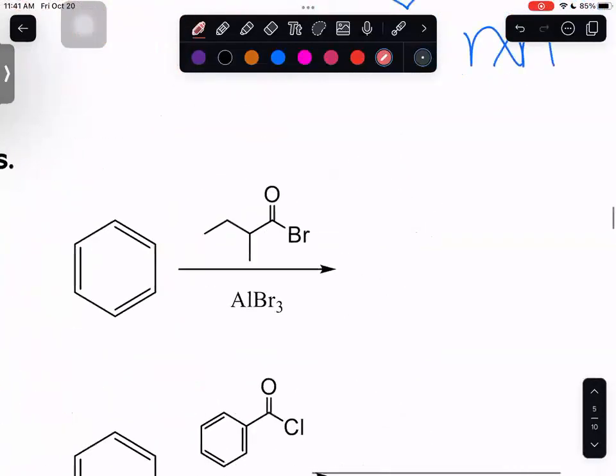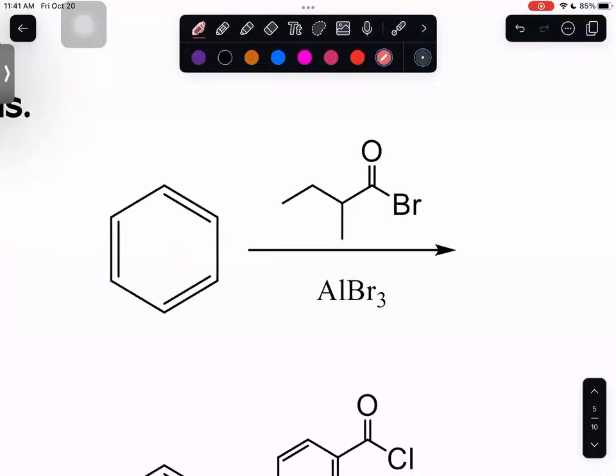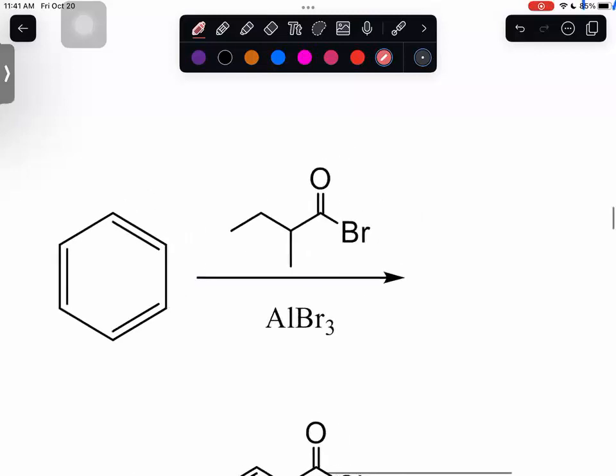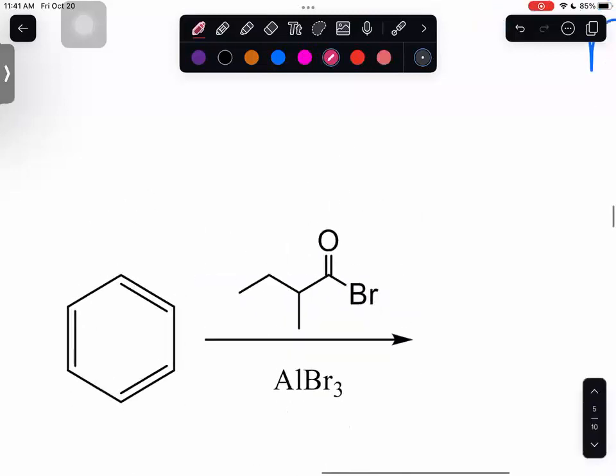But either way, let's go over here. We have benzene with that guy. What kind of reaction is that? It's an acylation. So remember, this is an acylation because we have the acyl group. Acyl groups are just the carbonyl area with some sort of carbon chain. That's it.